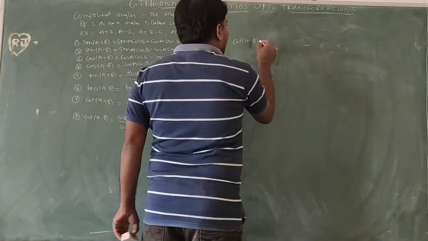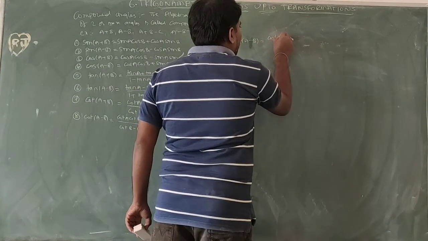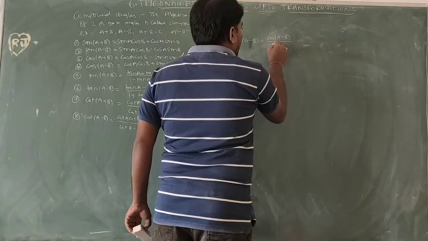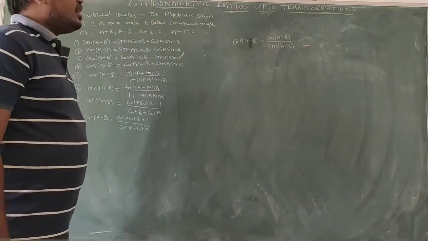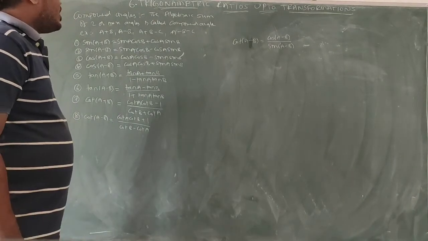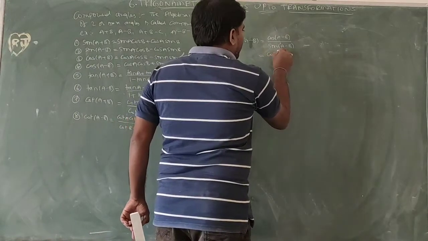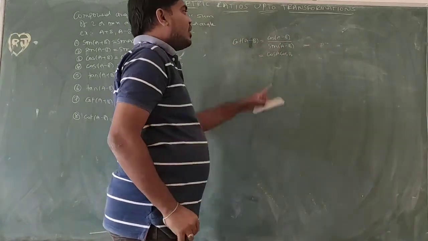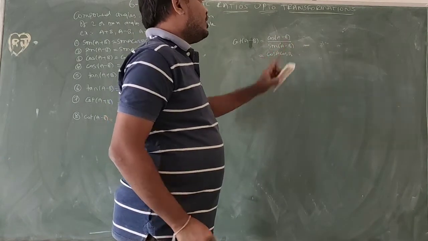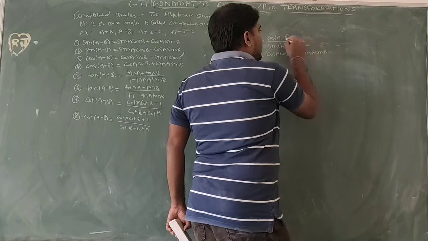Cot of A minus B is cos of A minus B by sin of A minus B. So what is the formula for cos of A minus B? Cos A cos B combination: if we are taking cos, the combination is cos A cos B and sin A sin B, with a plus in between.